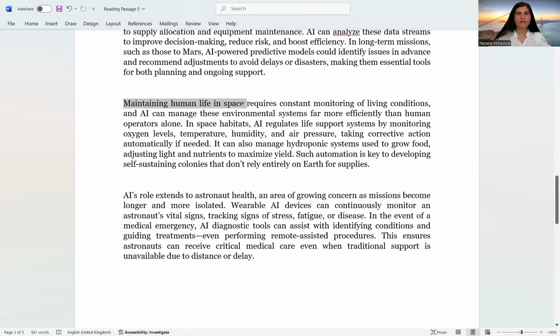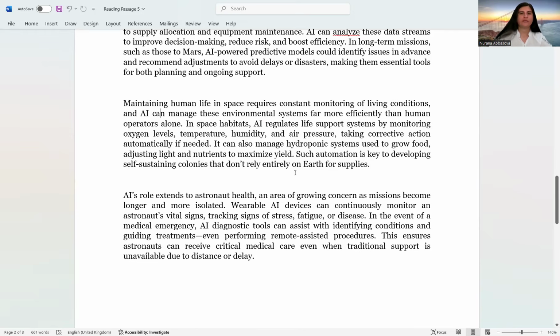Maintaining human life in space requires constant monitoring of living conditions. AI can manage these environmental systems far more efficiently than human operators alone. So it means that the remainder of this paragraph will only talk about how to maintain human life in space with the help of AI. So if you have something related to this question, you will know that they will deal with it here.